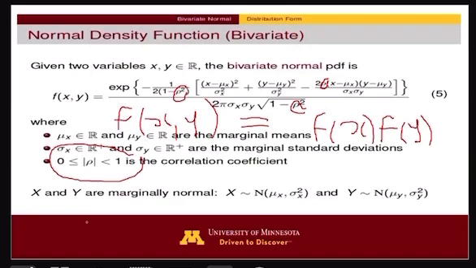And of course, the bivariate joint behavior becomes the marginal if you plug in 0 for rho, which means there's no relationship. Is there any question on this particular architecture before moving forward? I really want to know if there's any question.